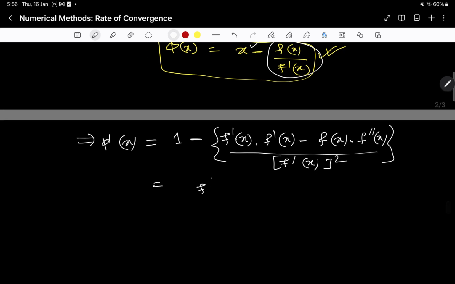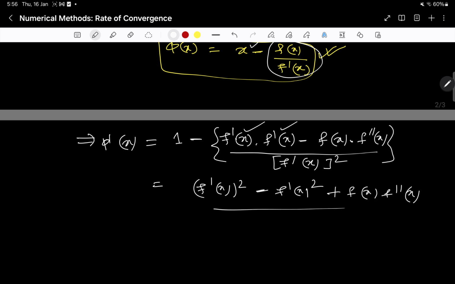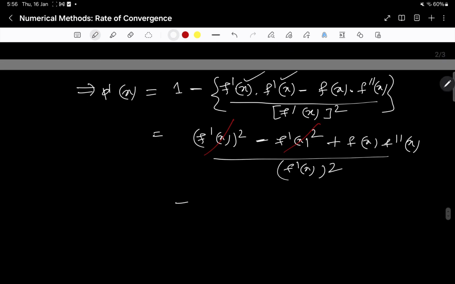So this is equal to f dash x squared minus f dash x squared plus f x f double dash x, divided by f dash x squared. Now this and this cancel, so this is equal to f x f double dash x by f dash x squared.